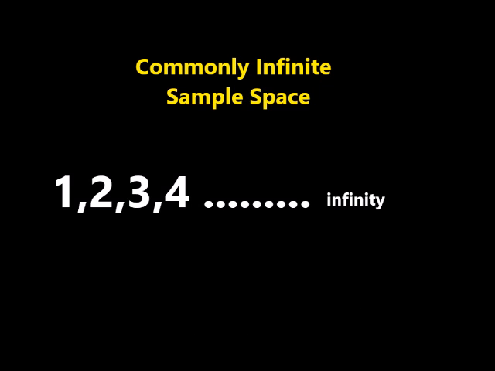Next, if there are multiple points, as there are numbers like 1, 2, 3 up to some infinite number, then this is commonly called a countably infinite sample space, as the total number of points cannot be defined within the bounds of a finite sample.